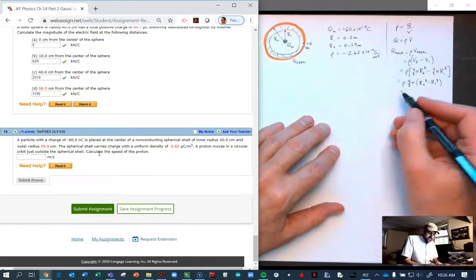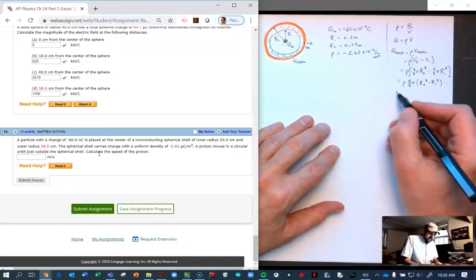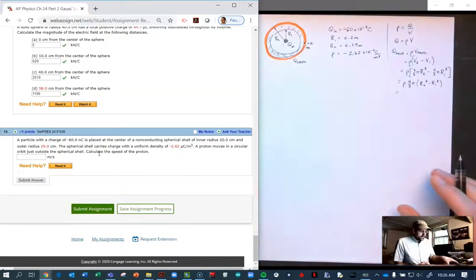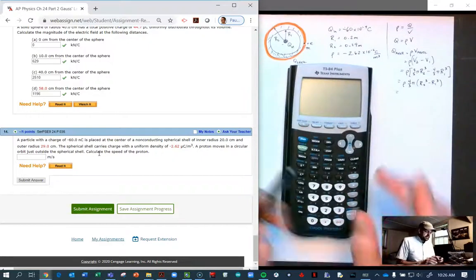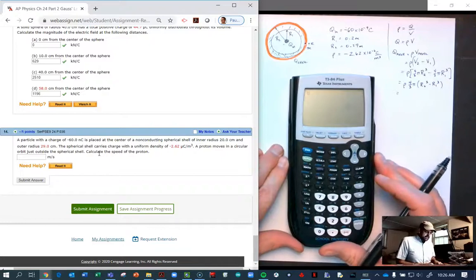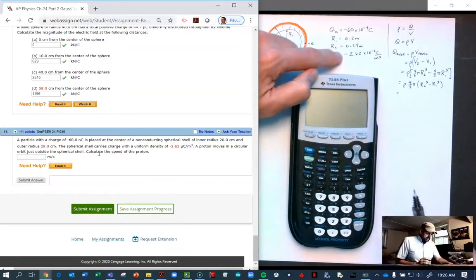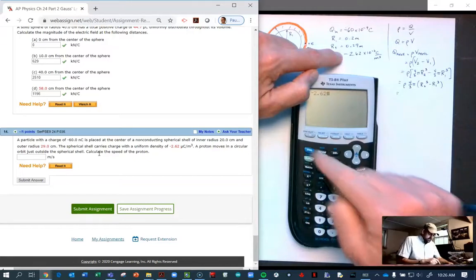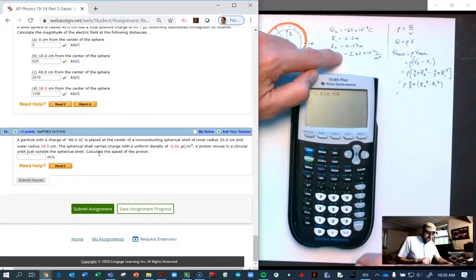Okay, so let's go ahead and plug those numbers in now, and let's get a value. I don't often like doing this. I like to play with variables most often, but I think this is going to be best for this situation. So rho is negative 2.62 times 10 to the minus 6 times 4 times pi divided by 3.